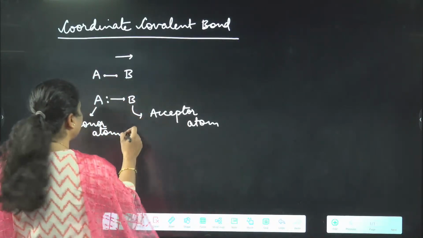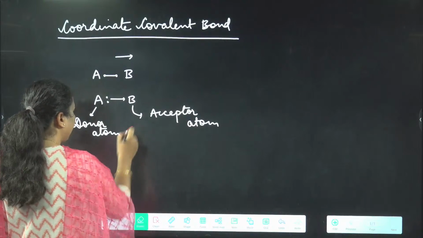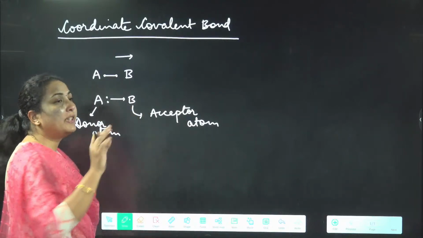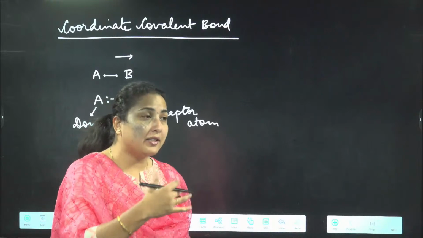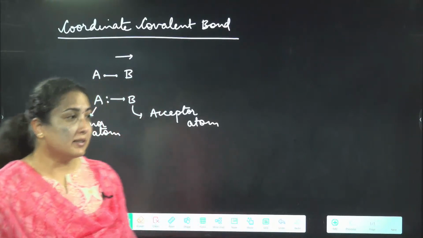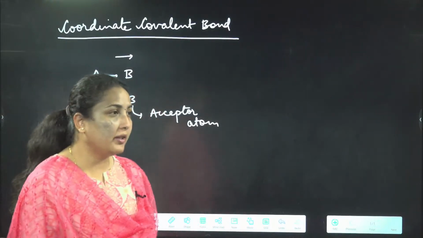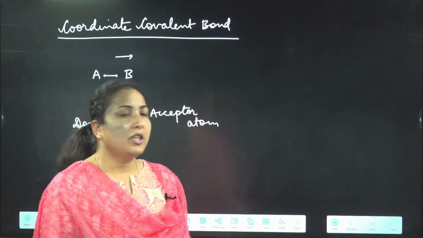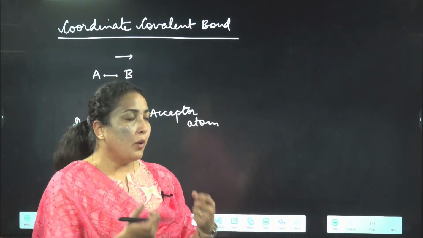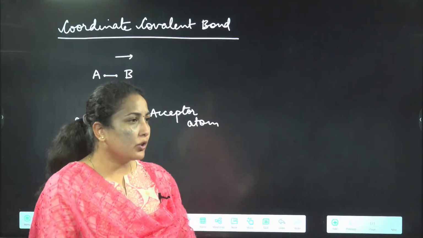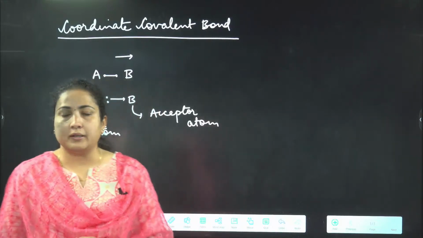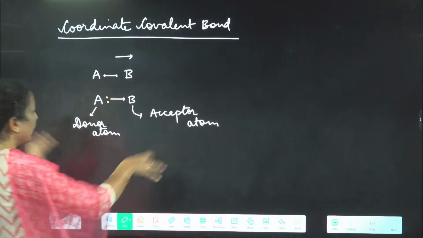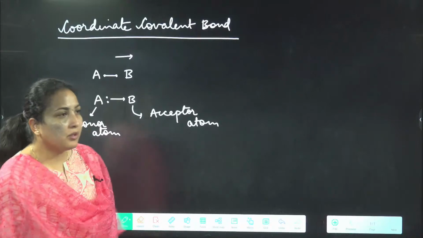And the acceptor atom wants to accept, so it has to have a vacancy or vacant orbital. Otherwise you just want the electrons but don't have the space to keep them, then what is the use? That's the underlying principle.